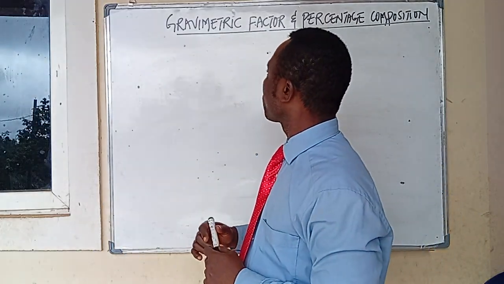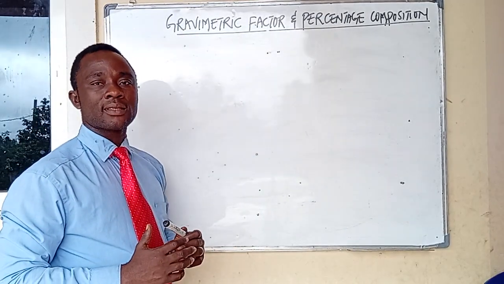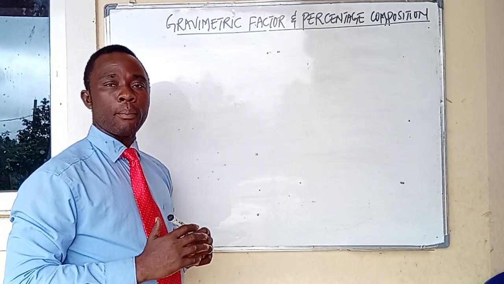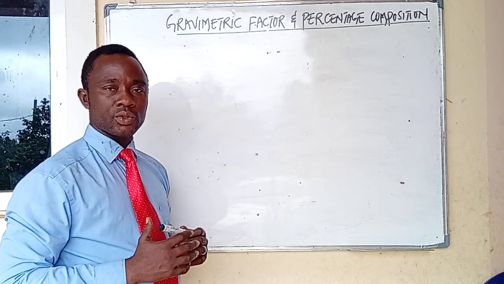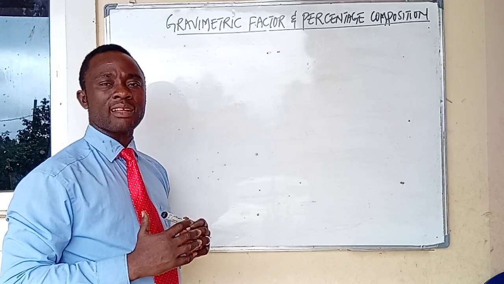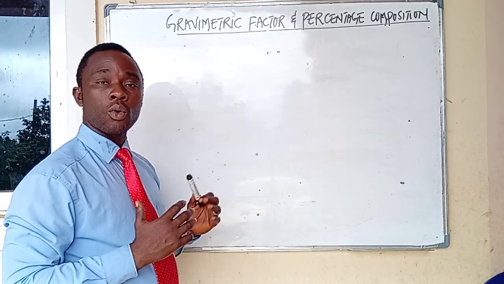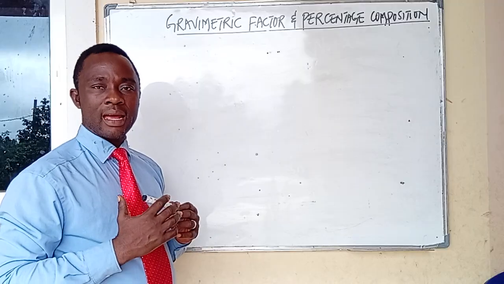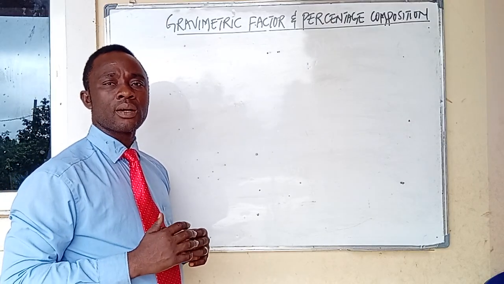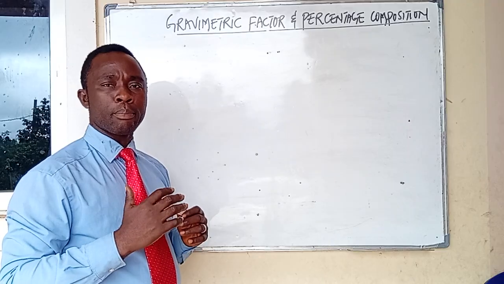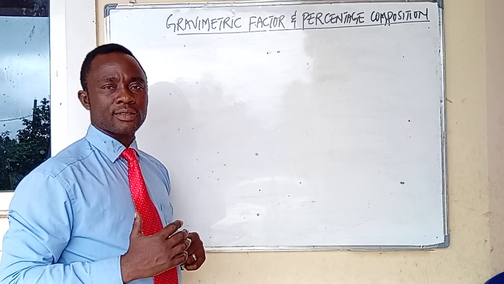Okay? Now, we understand that every element in a compound has a relative amount in a portion of that compound's mass.